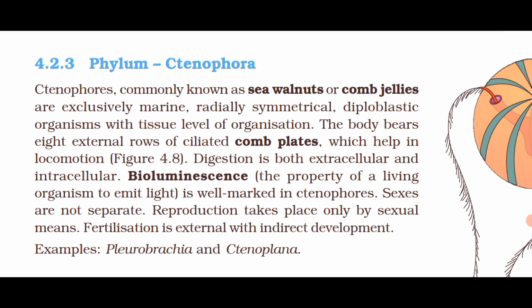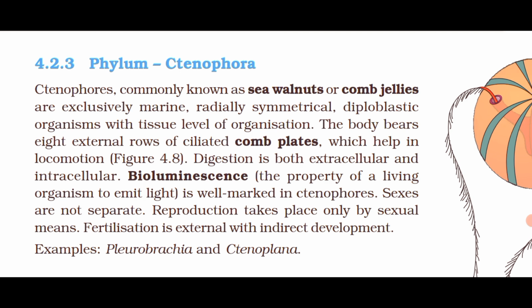4.2.3 Phylum Ctenophora. Ctenophores, commonly known as sea walnuts or comb jellies, are exclusively marine, radially symmetrical, diploblastic organisms with tissue level of organization. The body bears 8 external rows of ciliated comb plates which help in locomotion. Digestion is both extracellular and intracellular.